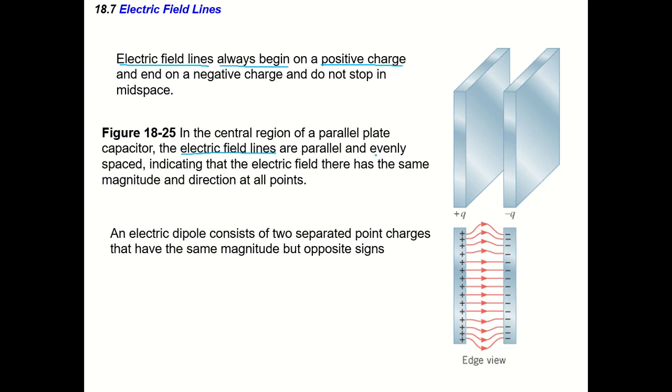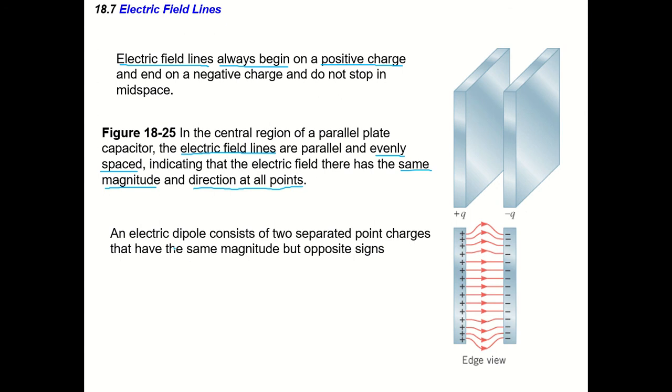Being evenly spaced indicates that the electric field there has the same magnitude. So they have the same magnitude and direction at all points. Remember this, class, these are very important statements.